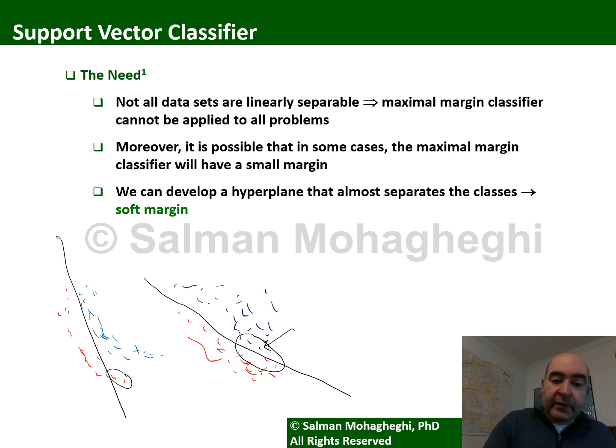Or for example, in this second case, you might be able to find a line that has a wider margin between the two classes, despite the fact that in a few instances it misclassifies individual observations as belonging to the wrong classes. This is the entire idea behind the support vector classifier.